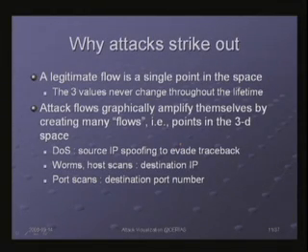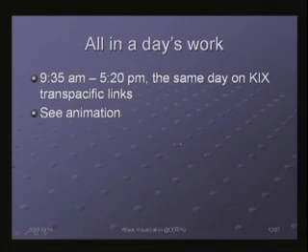It's not that the legitimate flows are really small in quantity in terms of the number of packets. It's just that the attack flows inflate themselves and manifest themselves in this space. And that's good news for us.